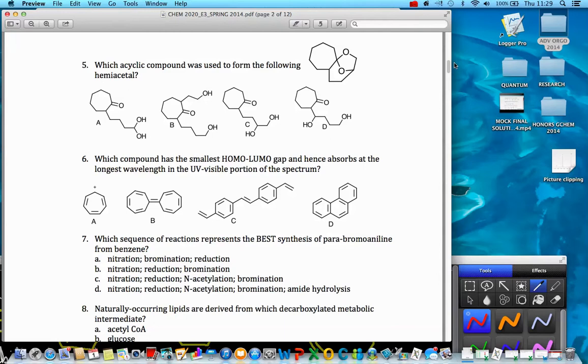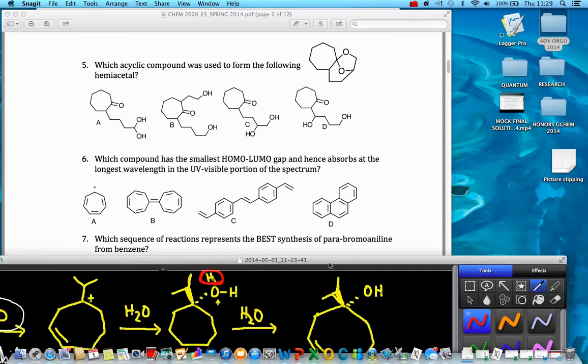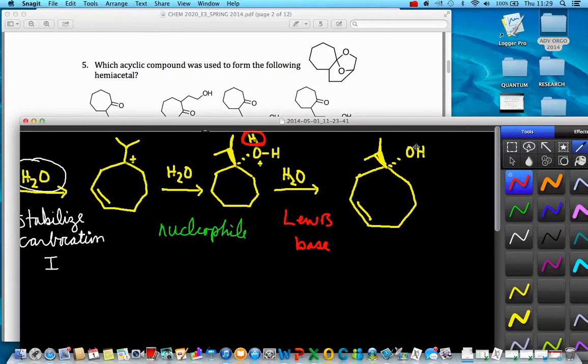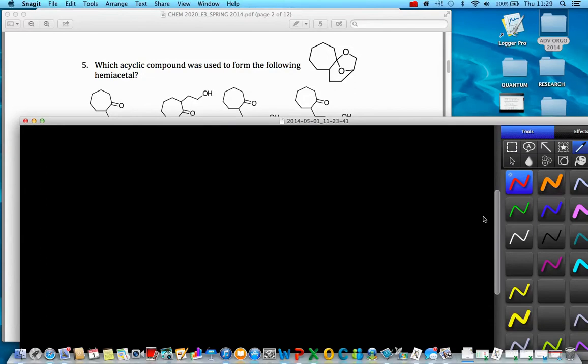Now, the best way of doing number 5 is just to draw the compound and then work backwards. So I'm just going to quickly draw this.